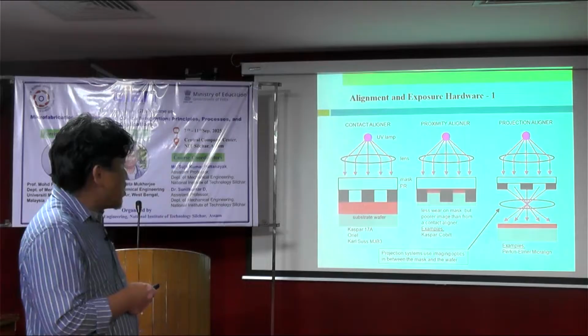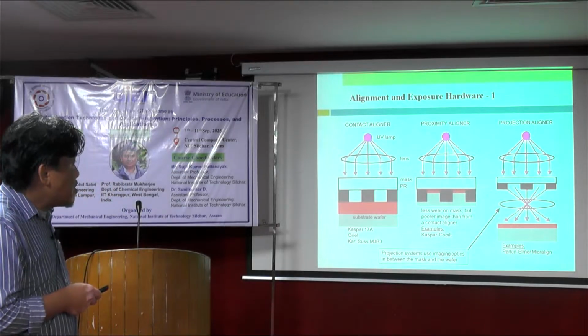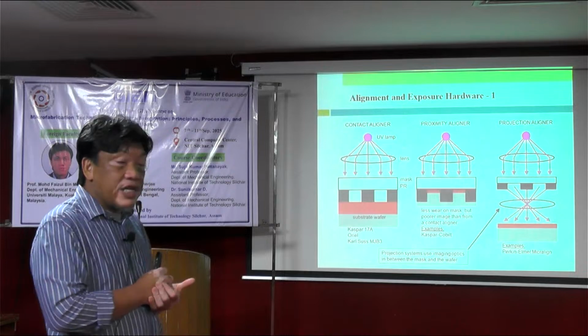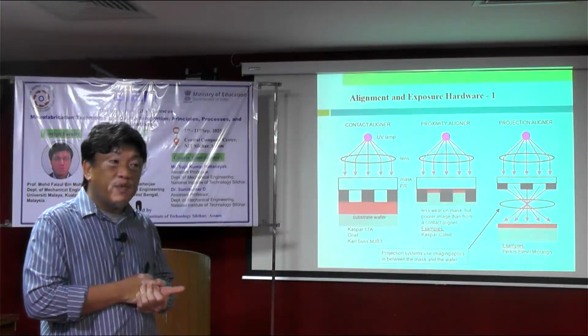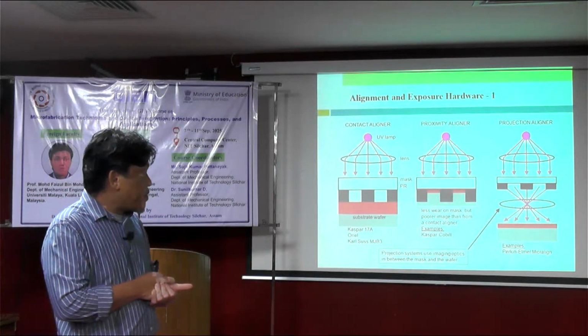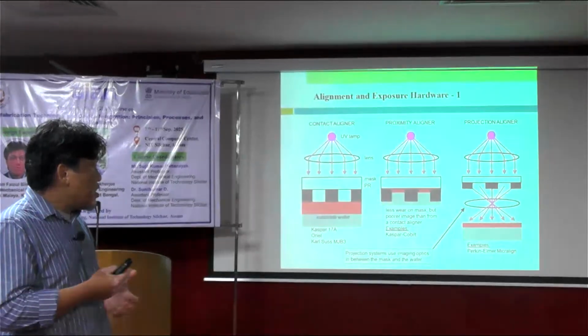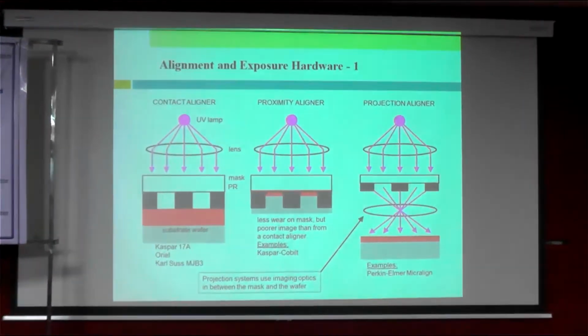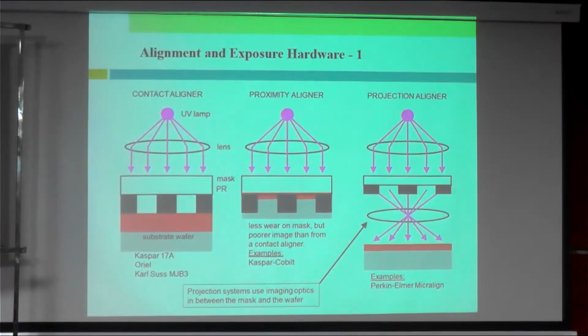So now the contact aligner. So first, maybe it's not that critical to align the positioning, but if it's about a second or third process for the development of the structure, you have to be careful with the alignment.